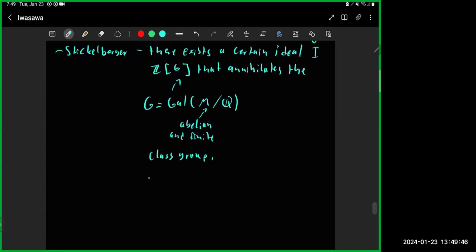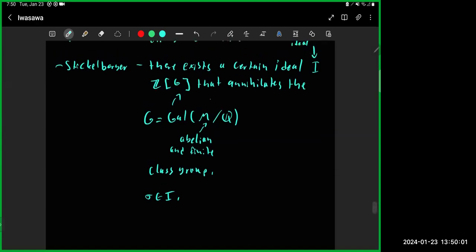Say you have some element, I don't know, sigma inside of I. There's a natural action of this sigma on the elements of the ring of integers of this number field.